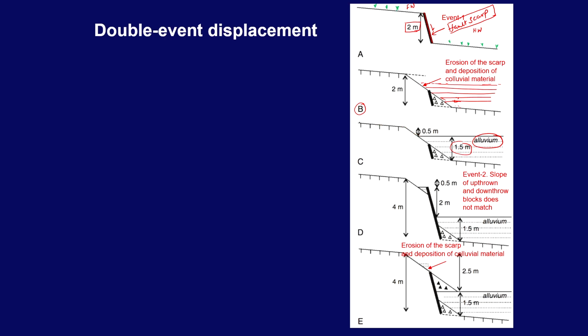So, if you go in the field and try to see this, then what is left exposed will be only 0.5 meter, because of the 2 meters, 1.5 meters has been covered up by the deposition. So, the depositional phase has covered that.